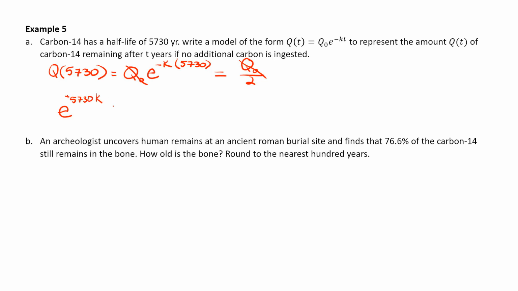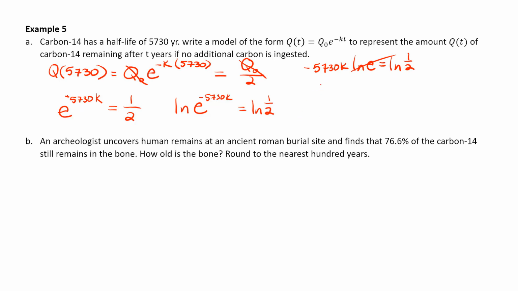And now if we take the natural log on both sides, we'll have natural log of e to the negative 5,730k equals natural log of 1/2. And we can put that exponent in front, so we'll have negative 5,730k times the natural log of e equals the natural log of 1/2. Natural log of e is 1, so we can get rid of that.